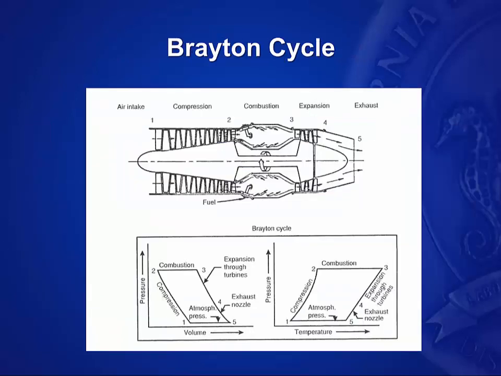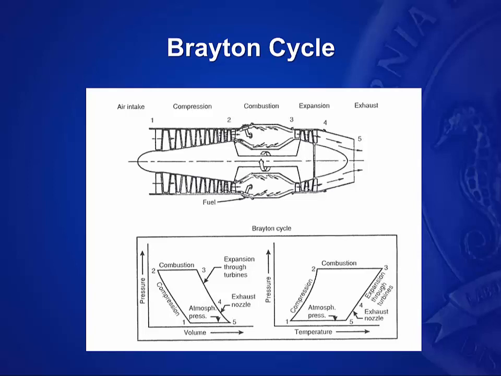We're going to start out the discussion talking a little bit about the Brayton cycle and how it differs from the Otto and the diesel cycle. Primarily, the Otto and diesel for the internal combustion engine have a set sequence of events: intake, compression, power, and exhaust.